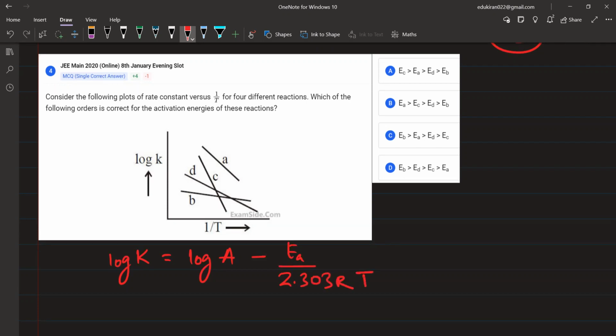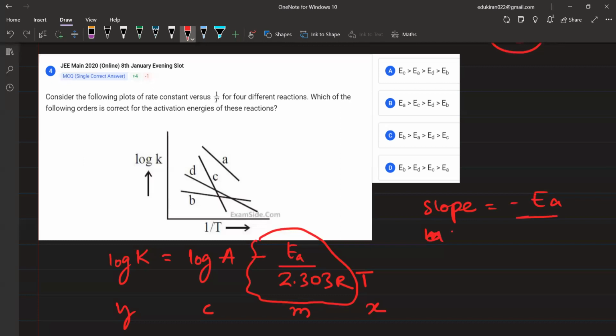So this is Y equal to MX plus C, this part is M, that is the slope, 1 upon T is my X, and this is my C. That means slope is equal to minus EA upon 2.303 R.